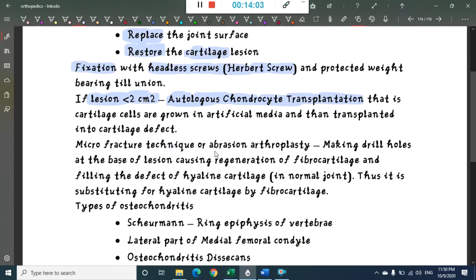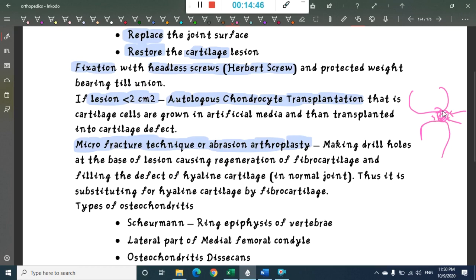Then there is one more technique available, called the microfracture technique or abrasion arthroplasty. In this technique, we make drill holes at the base of the lesion. Once you make drill holes at the base of the lesion, this will cause regeneration of fibrocartilage, which will fill the hyaline cartilage defect present in the normal bone and thus substitute for the hyaline cartilage.